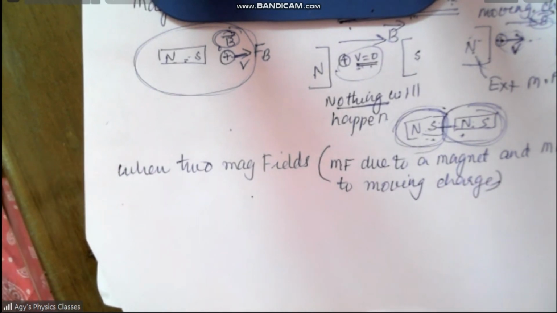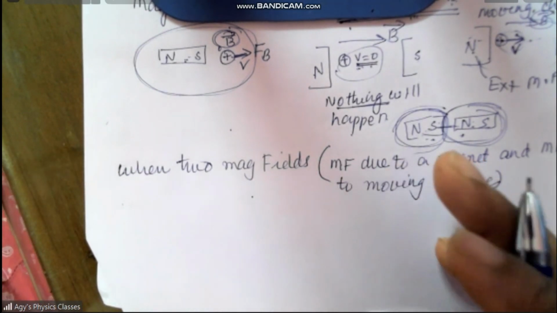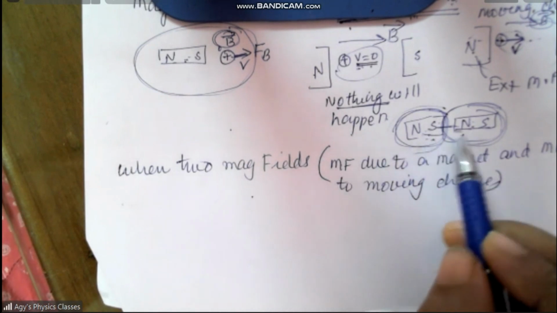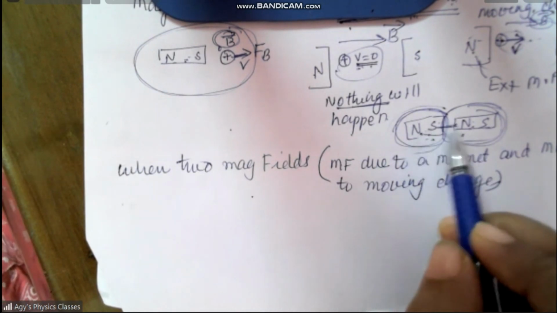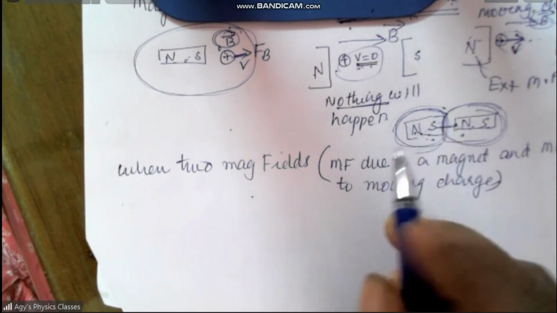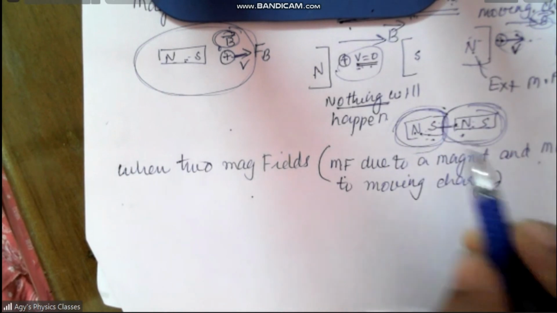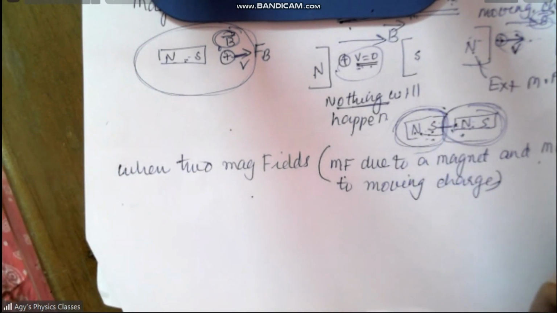Two bar magnets would do the same thing. The same thing will happen if you place a moving charge near one of the magnets.